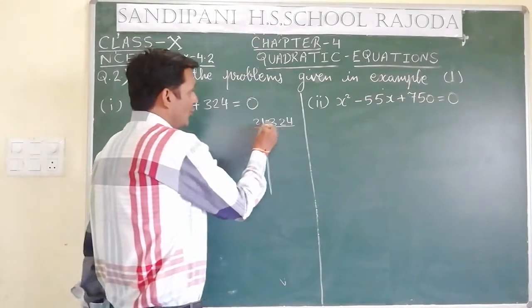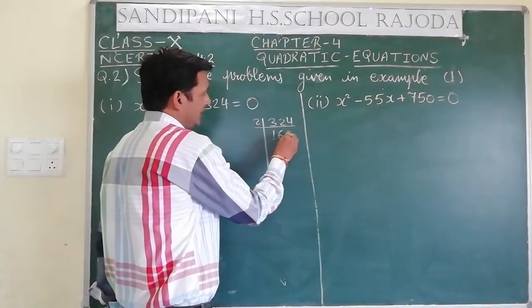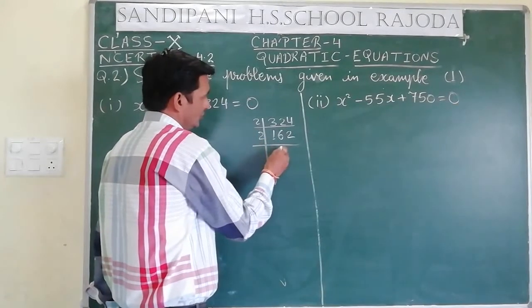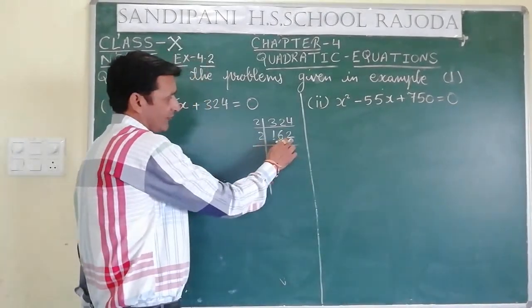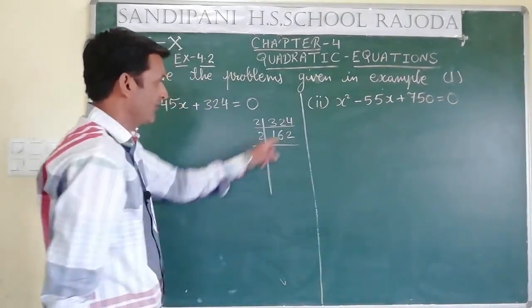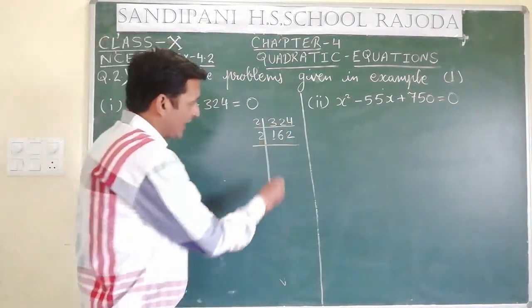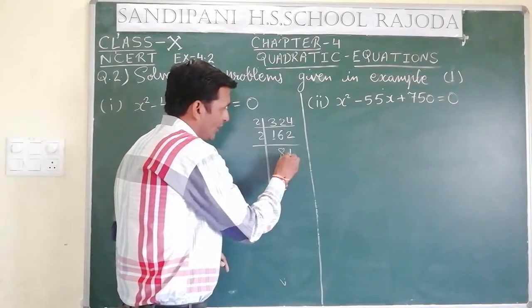324: 2 1s are 2, 2 6s are 12 and 2 2s are 4. It is divisible by 2, because the ones place digit is 4. So 2 8s are 16 and 2 1s are 2.